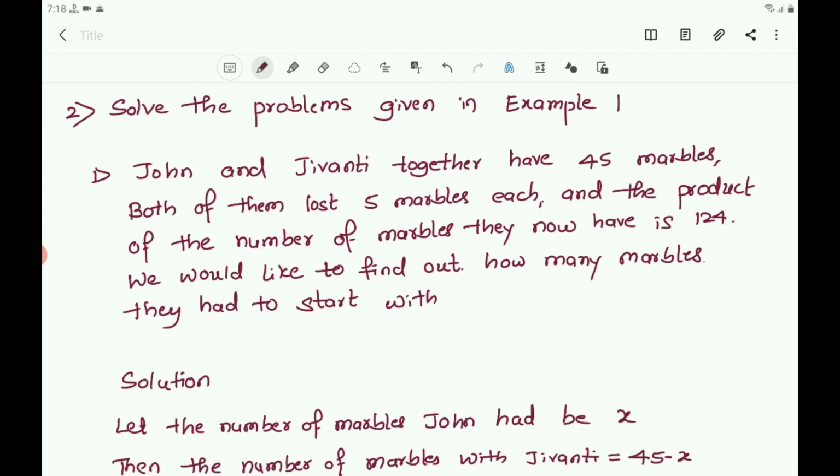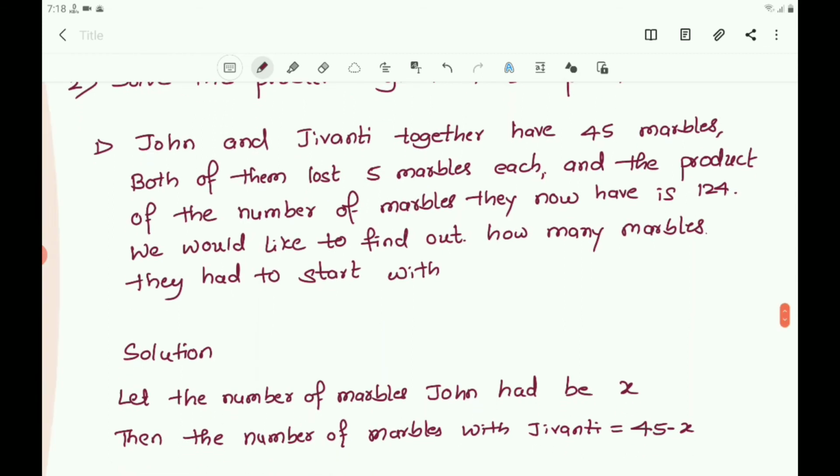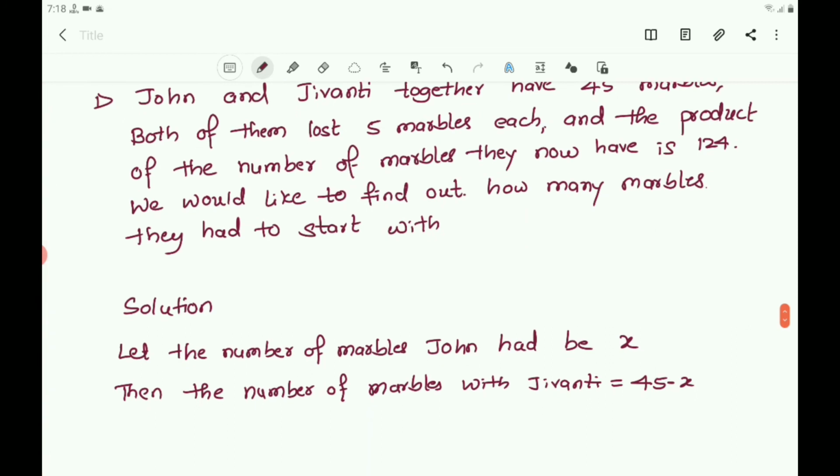Now next it says, both of them lost 5 marbles each. John lost 5 marbles and also Jeevanti lost 5 marbles. If they lost 5 marbles, then the number of marbles with John becomes x minus 5, and the number of marbles with Jeevanti becomes 45 minus x minus 5.